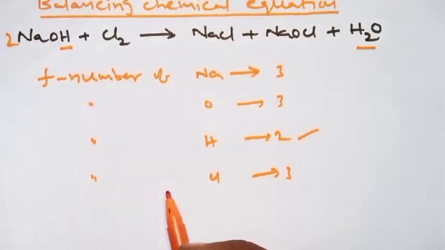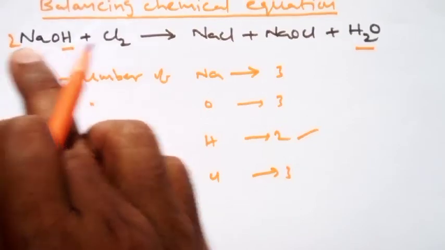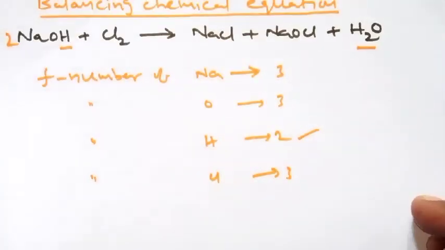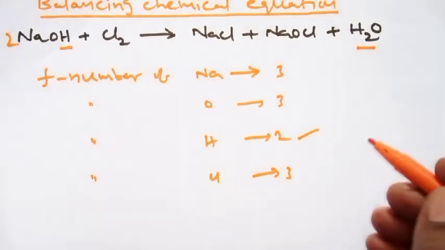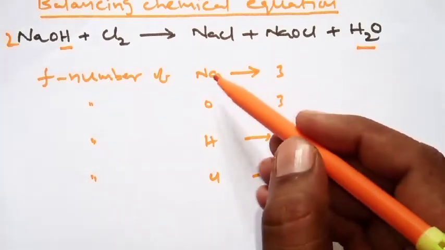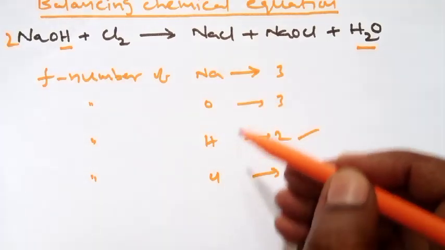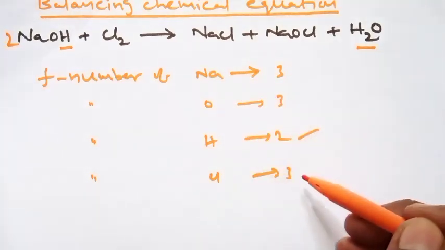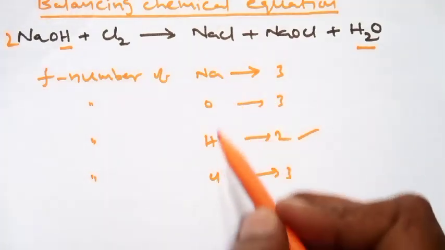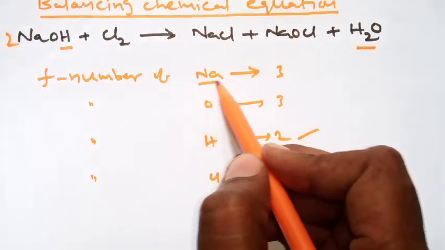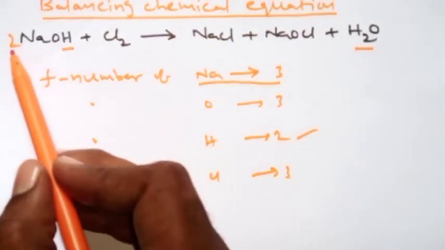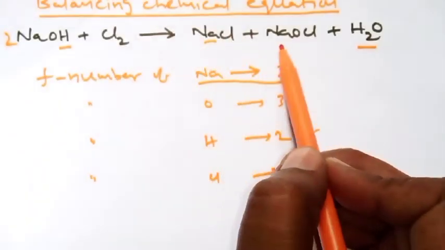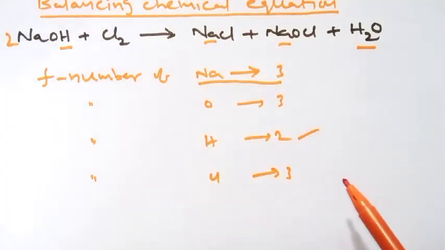Now hydrogen is balanced. Is it clear? Now look at the next frequency number. Sodium, oxygen, chlorine all have the same frequency number, but which gets the first preference? Metal. Which is the metal among these three? Sodium. Now 2 sodiums here and 1 sodium there, so sodium is automatically balanced.